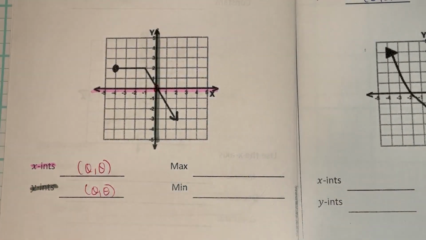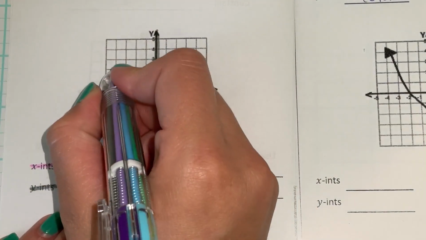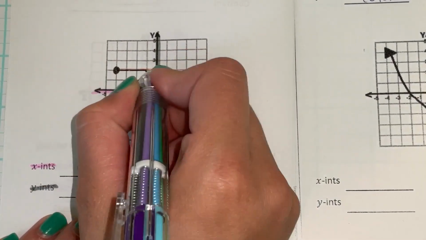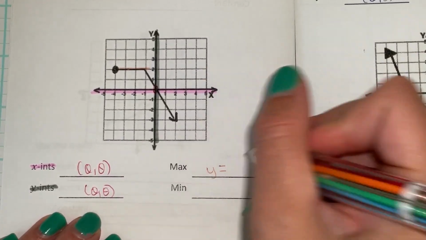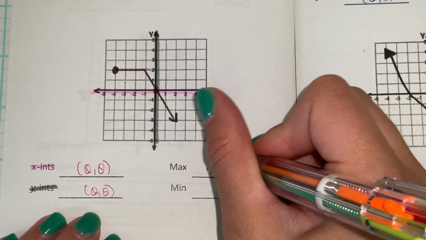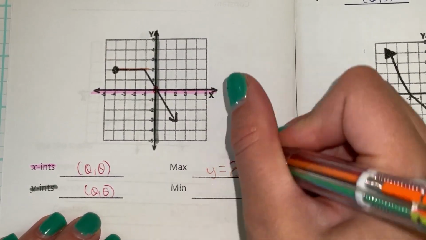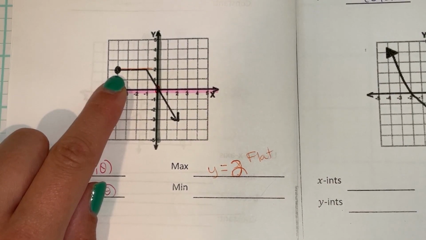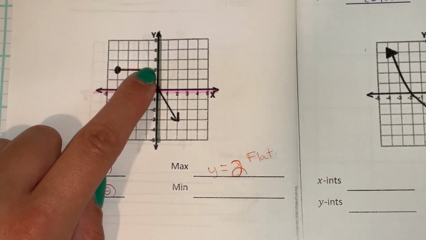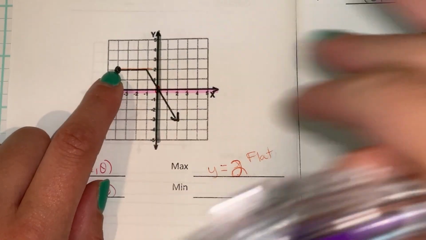Okay, anywho. Maximum, highest point. This is as high as my graph goes. All right, and it's got a flat line. That's what wins. So we're going to have y equals, and that y value is 2. And again, it's because it's flat. Even though we got that dot there, it doesn't matter. This whole thing is flat, okay? All of that is the maximum.